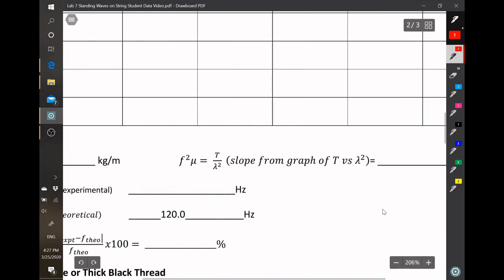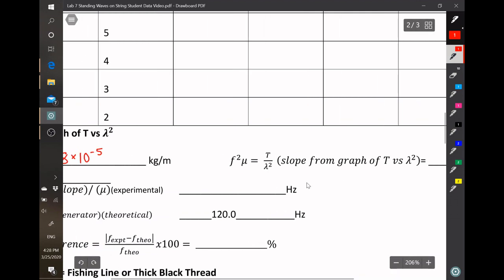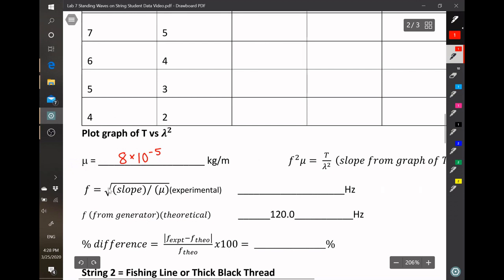Let's see, this next part, f squared times mu is equal to the tension divided by the wavelength squared. This is going to be the slope that you get from the graph of T versus lambda squared. So you'll record that value there. This is going to give you the experimental frequency.